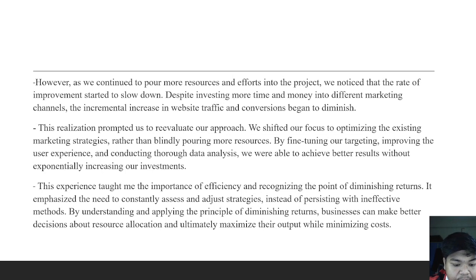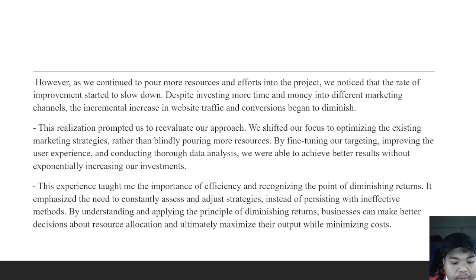The realization prompted us to reevaluate our approach. We shifted our focus to optimizing the existing marketing strategies rather than blindly pouring in more resources. By fine-tuning our targeting, improving the user experience, and conducting thorough data analysis, we were able to achieve better results without exponentially increasing our investment.